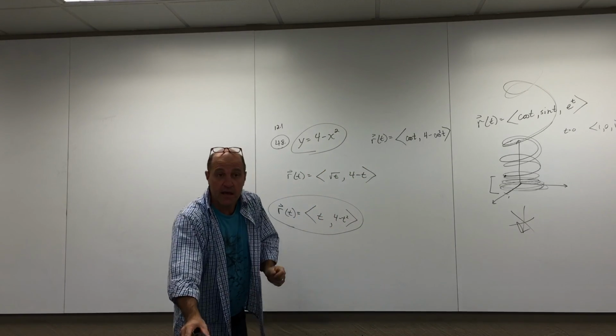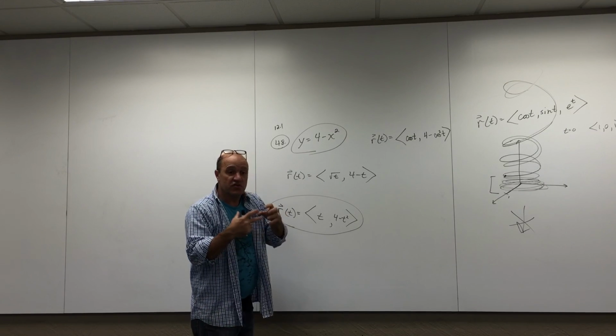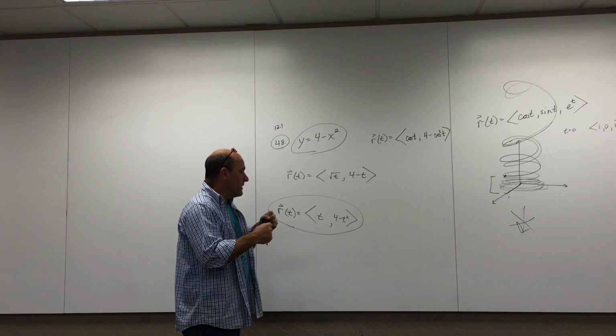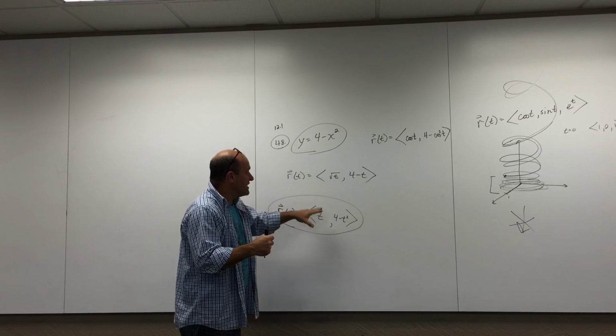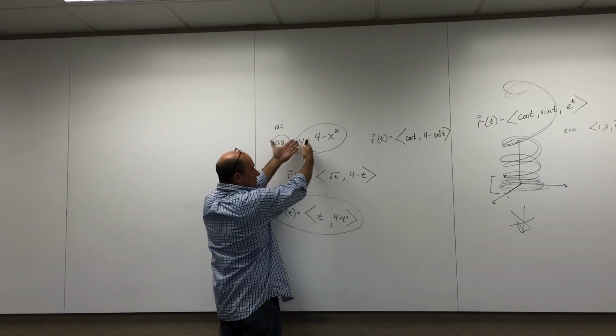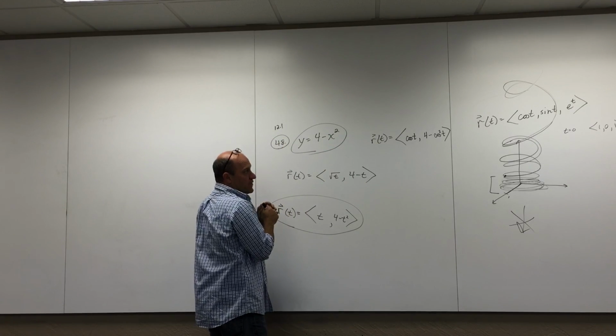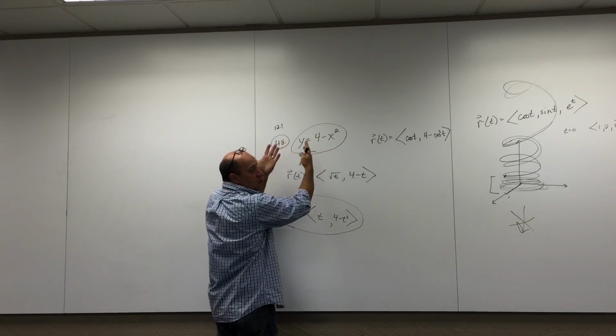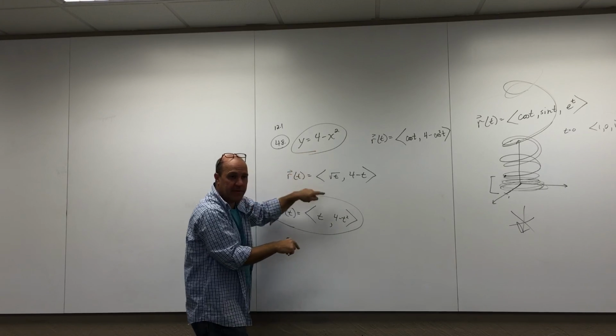The truth is, parametric equations are... all these, if you kind of solve for t and try to eliminate the parameter, you get this equation. The relationship between y and x on all these is this relationship.